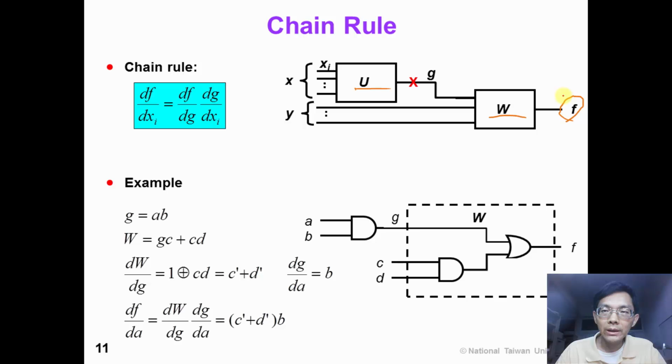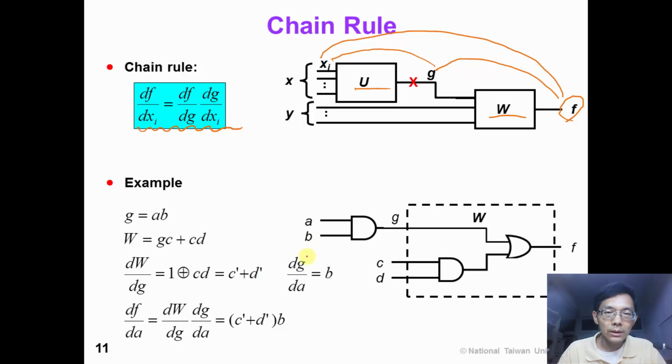If we want to find the Boolean difference of f with respect to input xi, which is one of the primary inputs, we can decompose this into df dg times dg dxi. So the chain rule can be written as this, which is very similar to the chain rule in traditional algebra.